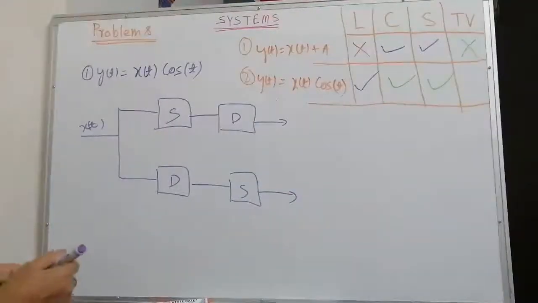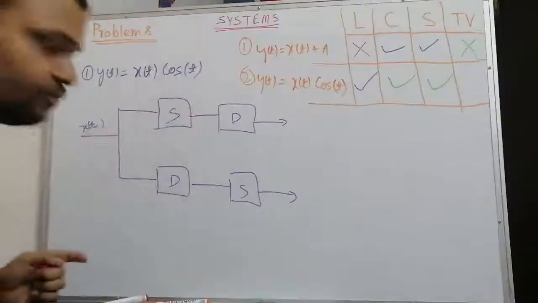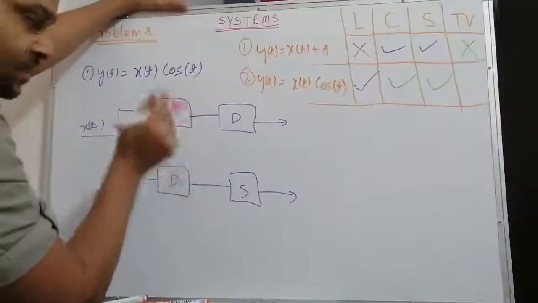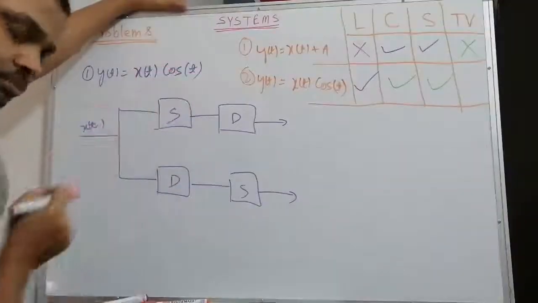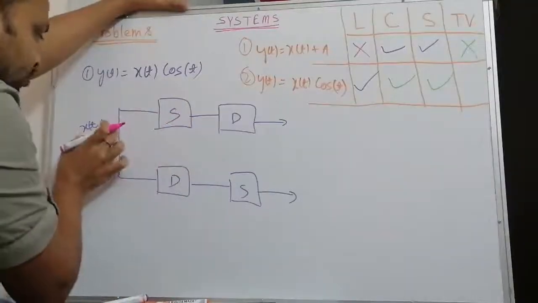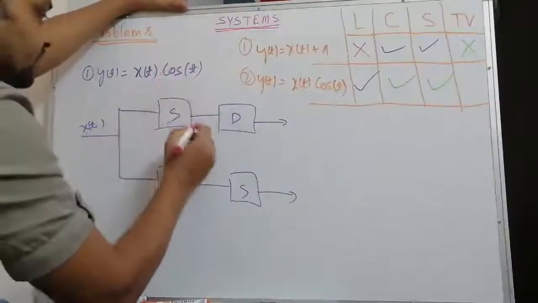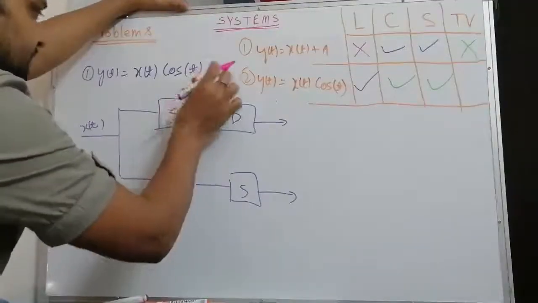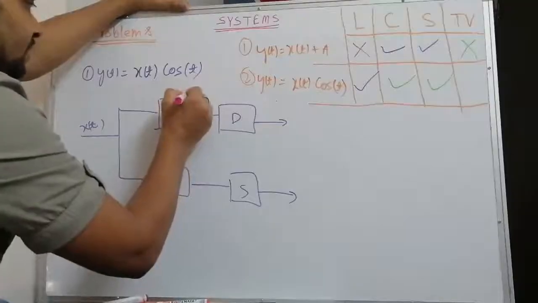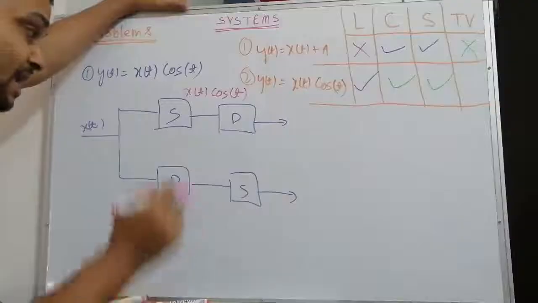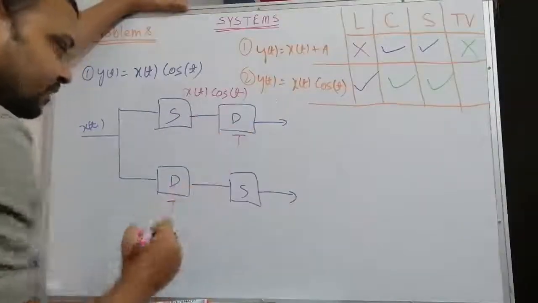First let us find the output when x(t) is processed by the system first. The system follows this rule: wherever it finds the input, it multiplies by cos t. So the output is x(t) cos t.